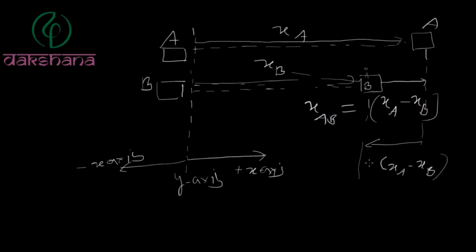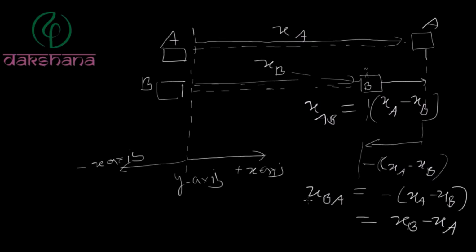Since this arrow is pointing along the negative X axis, we put a negative sign over XA minus XB, and we can write the position of B with respect to A as minus (XA minus XB), that is equal to XB minus XA.